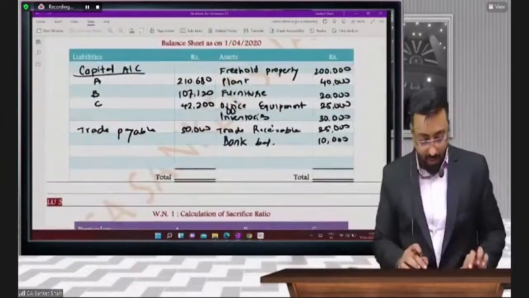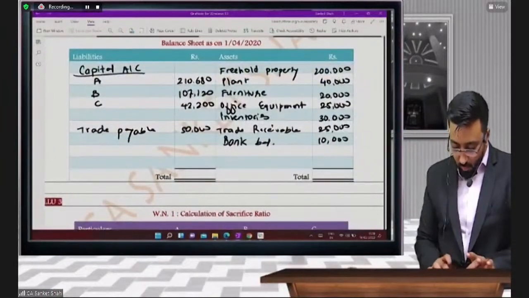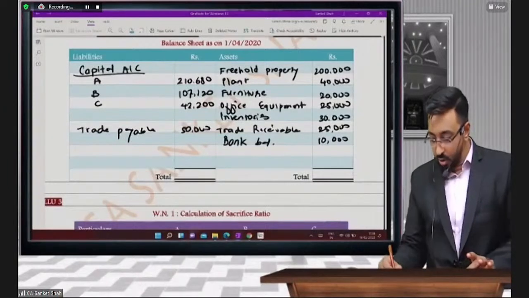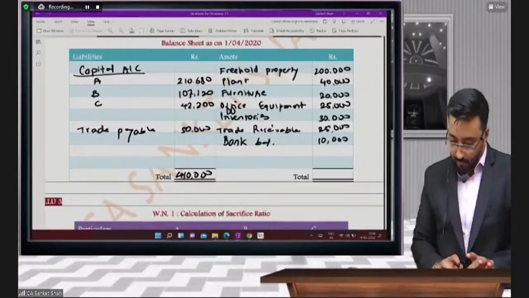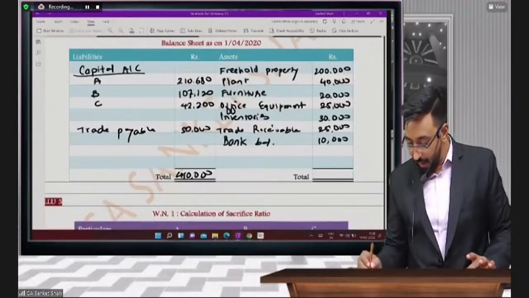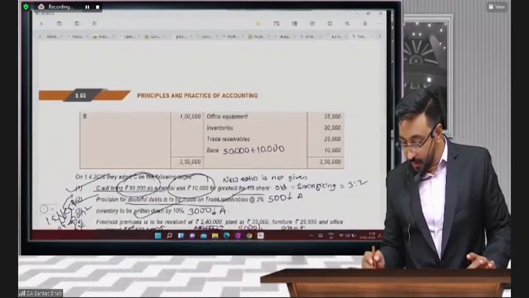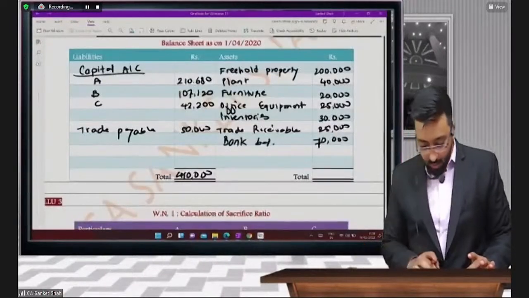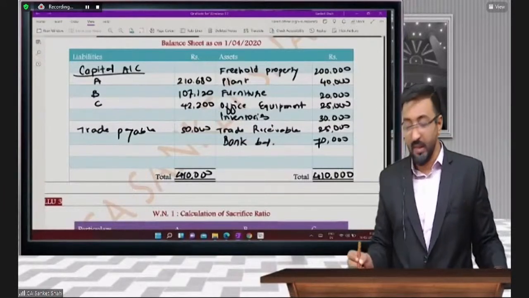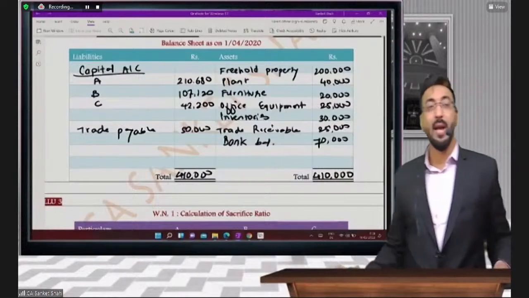Let's check whether your balance sheet is getting tallied or not. 210.68 plus 107.12 plus 42.2, always use commas to use the shortcut. So this is 4,10,000. 200 plus 40 plus 20 plus 25 plus 30 plus 25 plus 10. And bank balance, oh sorry, I forgot to write, it is 70,000. So plus 60. Yes! 4,10,000 is the balance sheet.